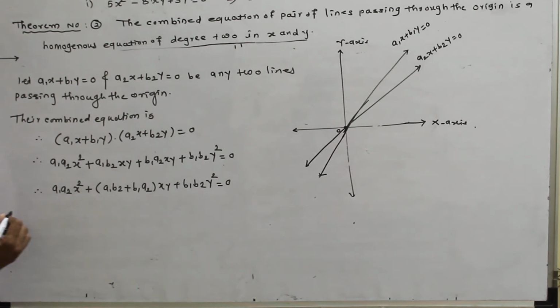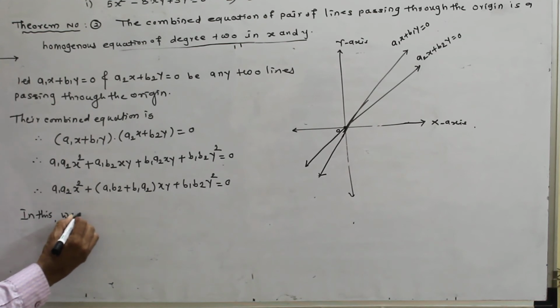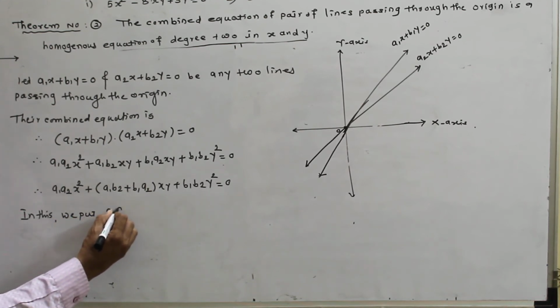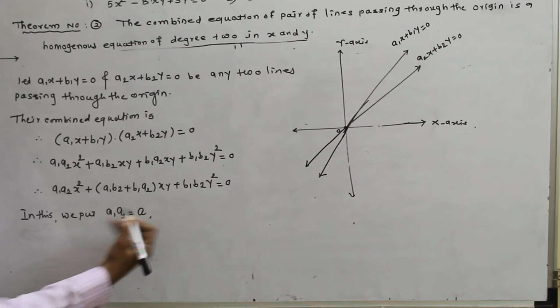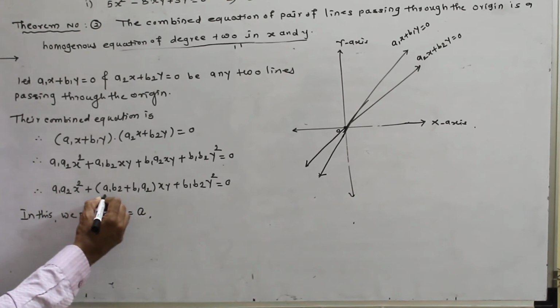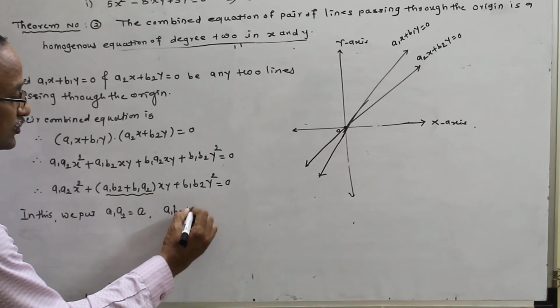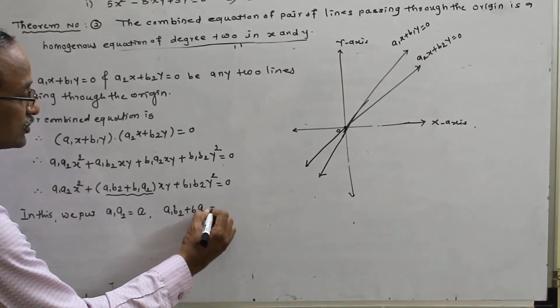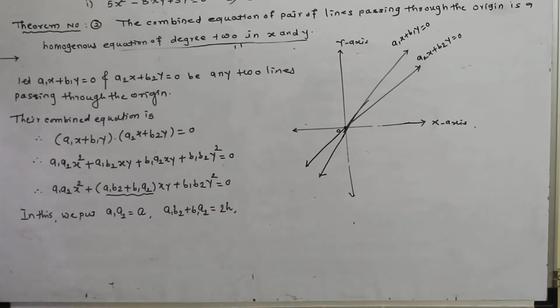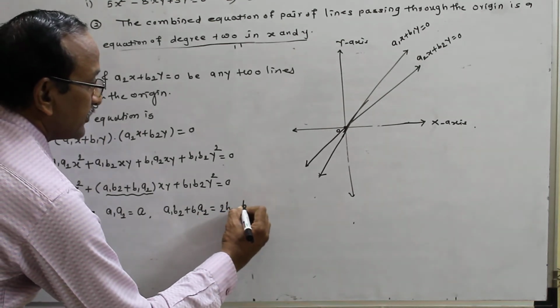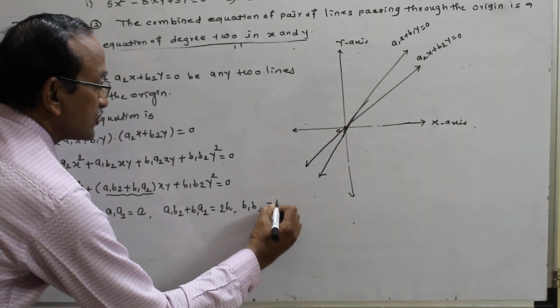So now in this we put a1a2 equal to say a. Now put a1b2 plus b1a2 equal to 2h, and b1b2 equal to b.